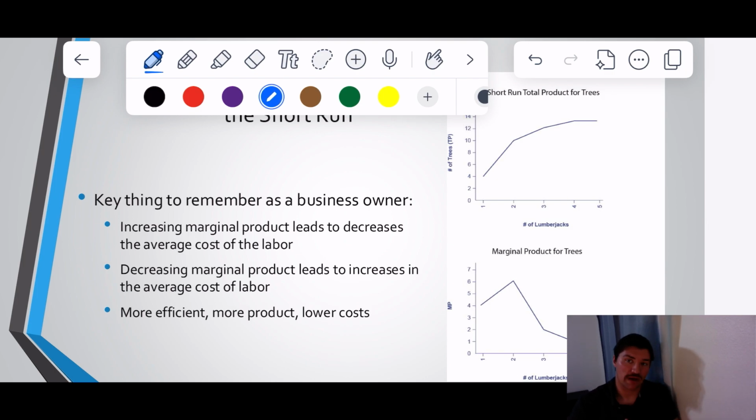It lowers your average cost of hiring him because he's producing so much. Now, if you start to see a decrease in the marginal product, all of a sudden they're less productive. It's going to cost you more on average. So the key thing to remember here, if you are more efficient, that means you're making more product and you are going to be lowering your average cost.